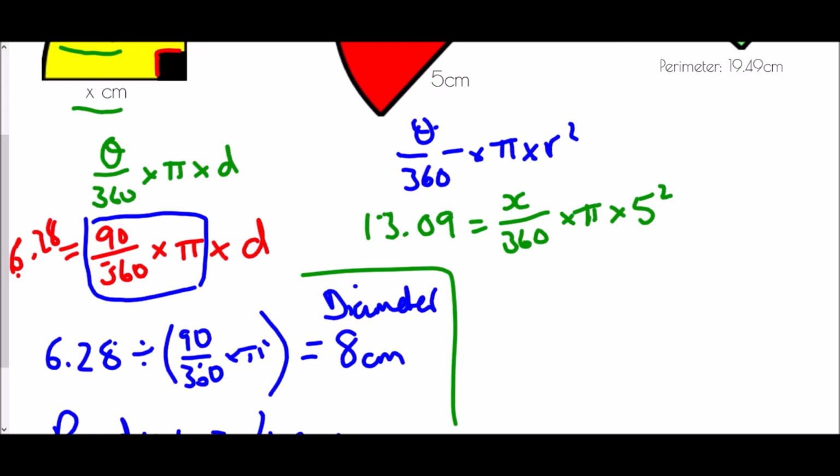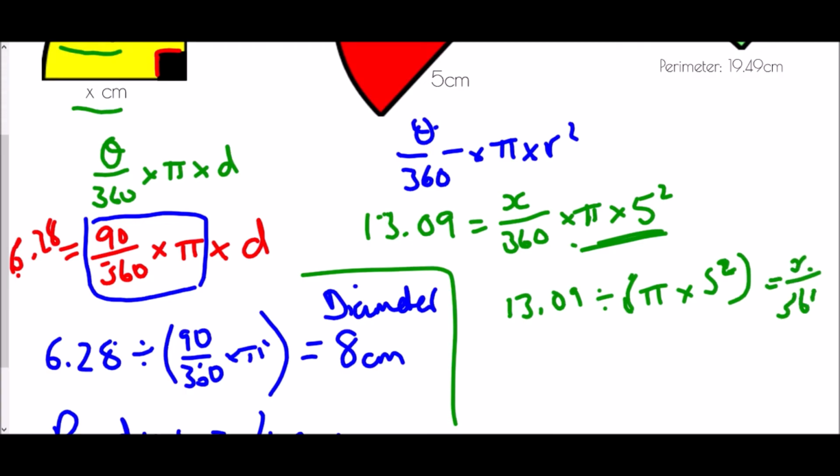If I want to find x, I'm going to need to do a little bit of division first. So I'm going to have to do 13.09 divided by pi times 5 squared in order to remove this section, and that would equal x over 360.